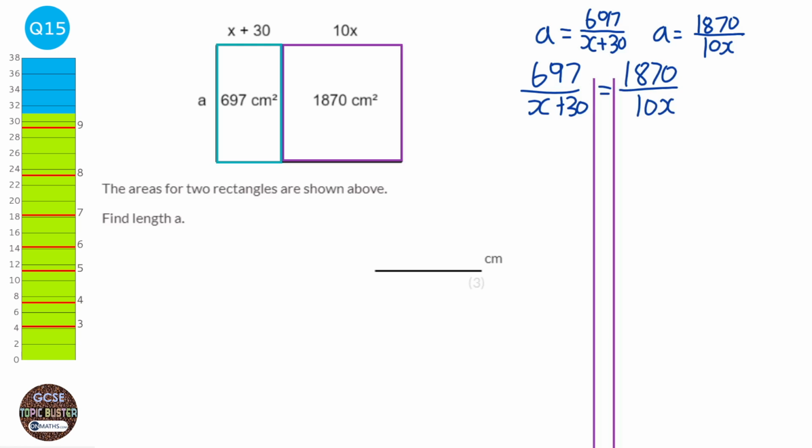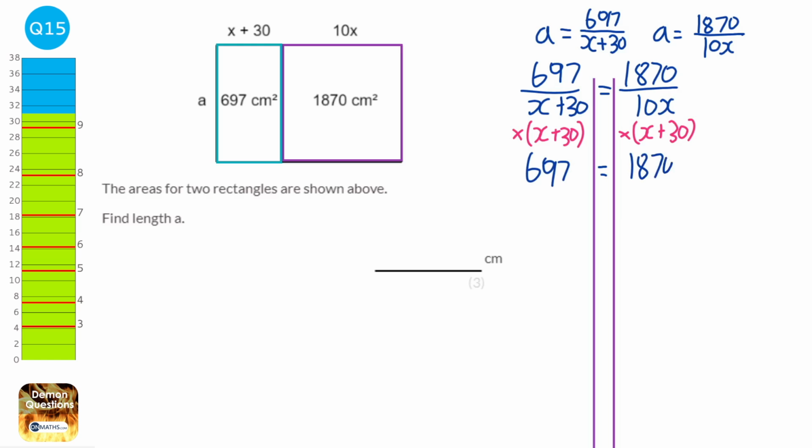And I'm going to times both sides by the x plus 30, so I can get rid of the denominator on the left hand side. And so this will just be 697 on the left hand side, because that gets rid of the denominator. And it would be 1870 times x plus 30, and then all of that over 10x.